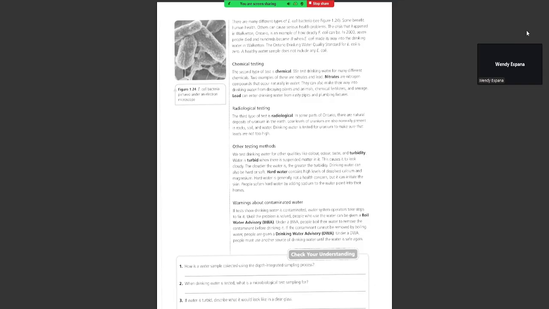You do not want any E. coli in your water. However, some of these other things that do naturally occur in the environment, you want to see what the levels are. Lead is another one that can enter water, and you do not want lead in your water. Again, there might be a natural occurring source in the environment, but it's usually from old pipes and old plumbing.